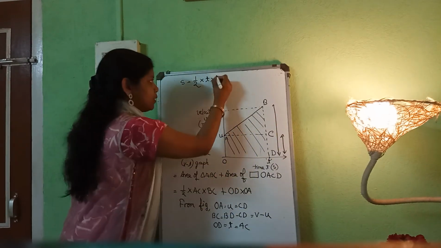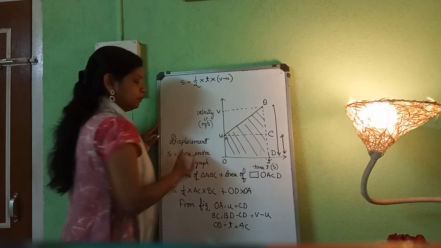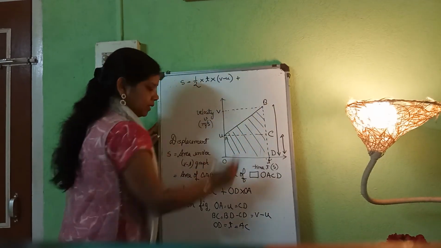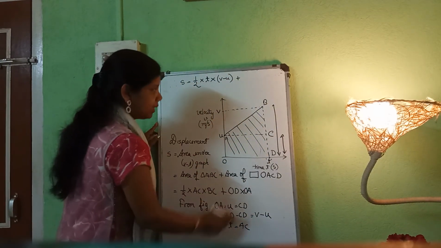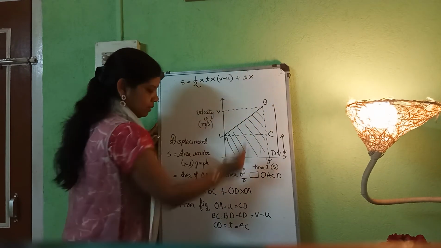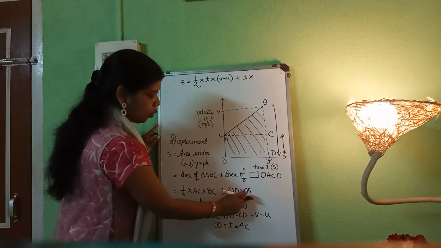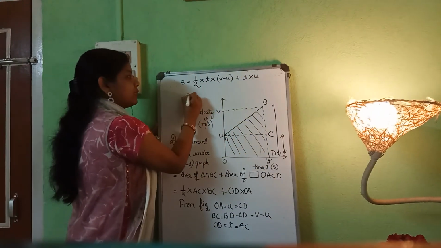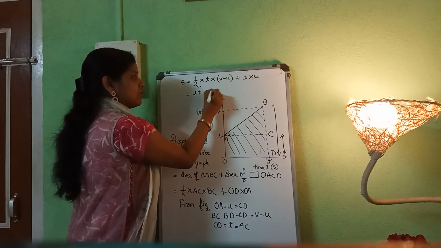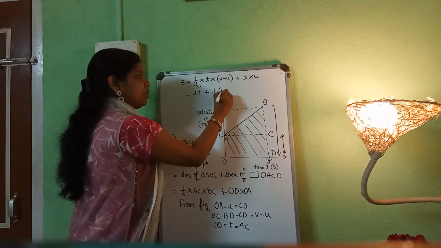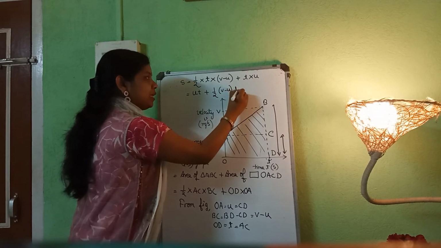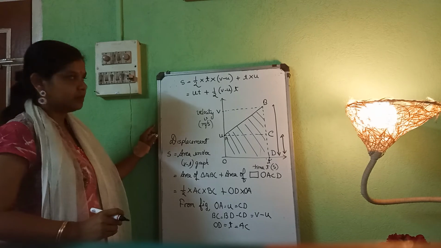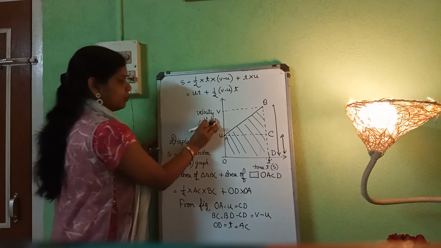BC means V minus U. Plus, the rectangle is length into breadth: OD is T, and OA is U. So I can write this equation as S equals UT plus half of V minus U into T.